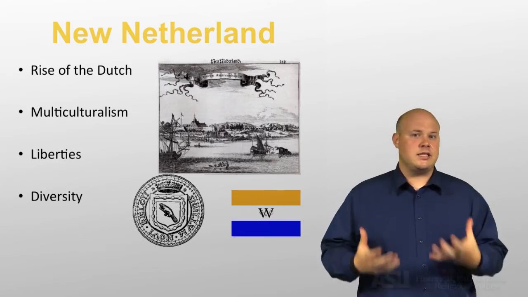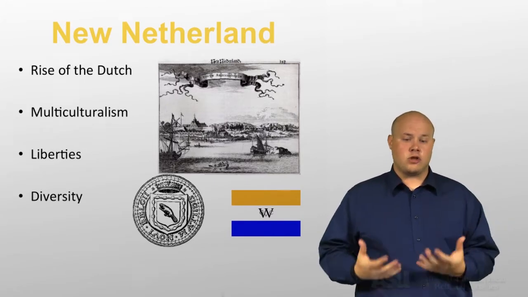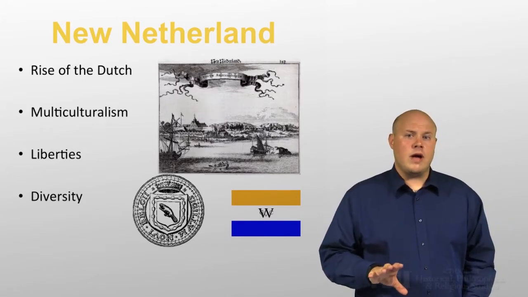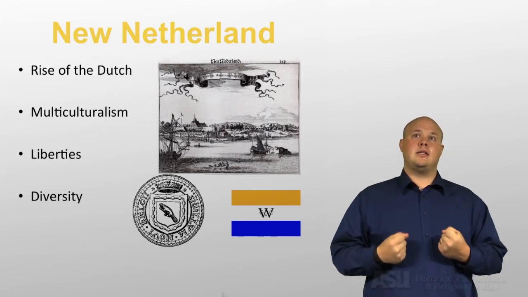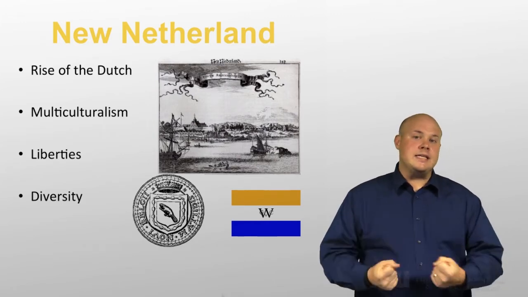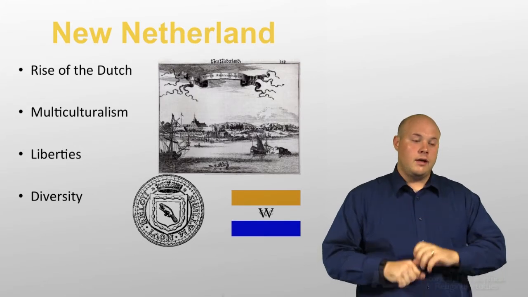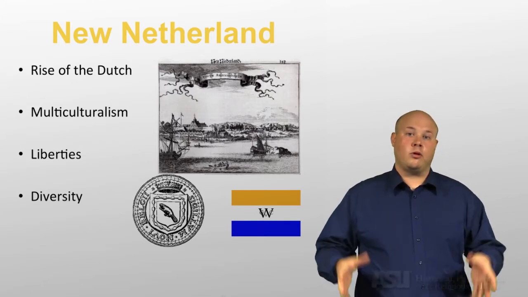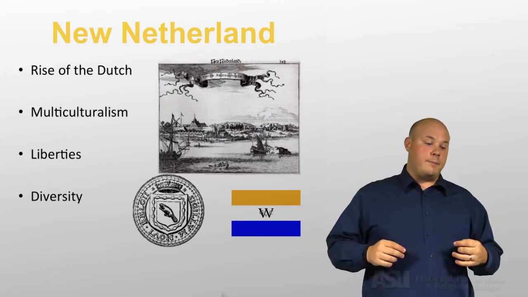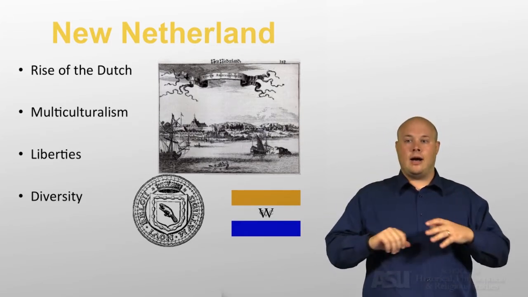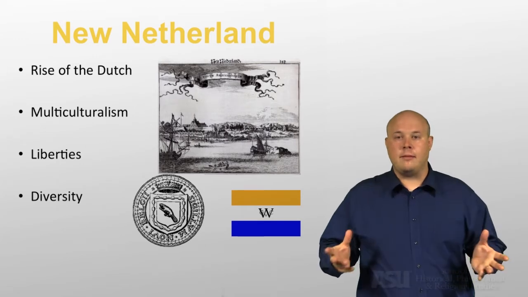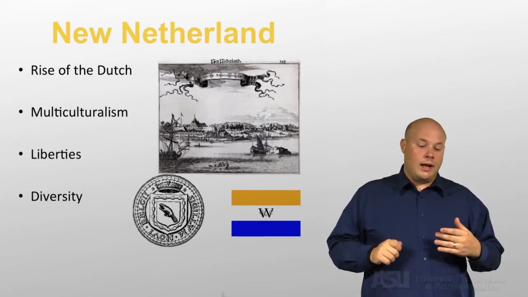This isn't to say that this is harmonious. There was a lot of strife. There's slavery in New Netherland. But in terms of liberties, as I mentioned, because the Dutch Republic isn't trying to control New Netherland, there's a greater liberty for people individually. People are able to negotiate with the company directors about what they're able to do, what they're not able to do.